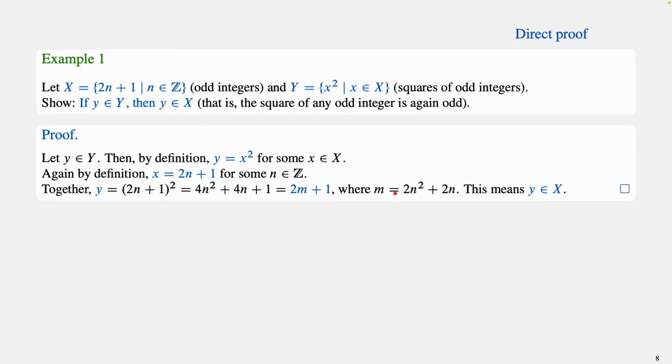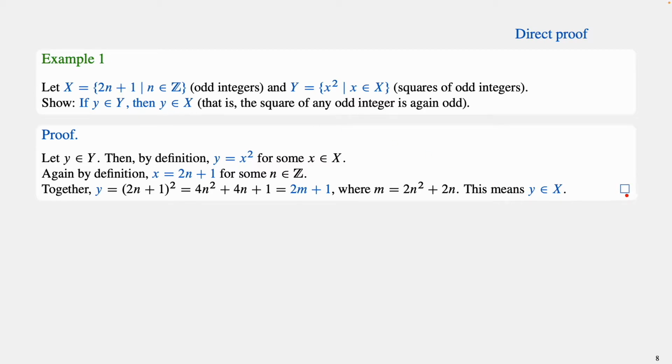You can verify this. If you plug in this for m here, you get exactly this expression. So what we found is that y is again of this form 2m plus 1, which means y is an odd number, which means that y is an element of the set X, and that is what we wanted to prove.